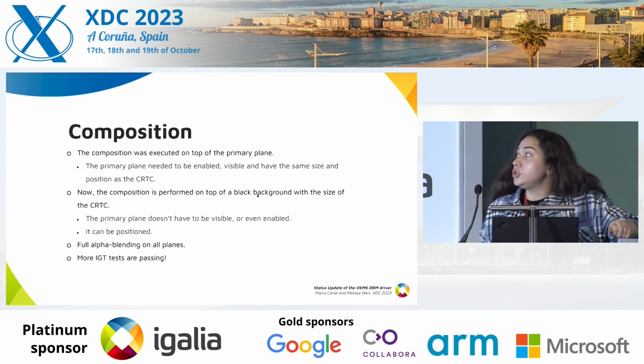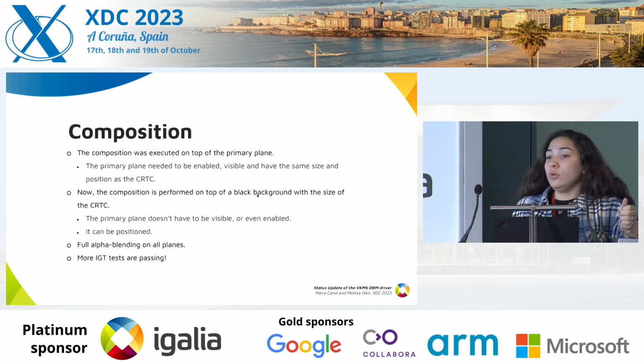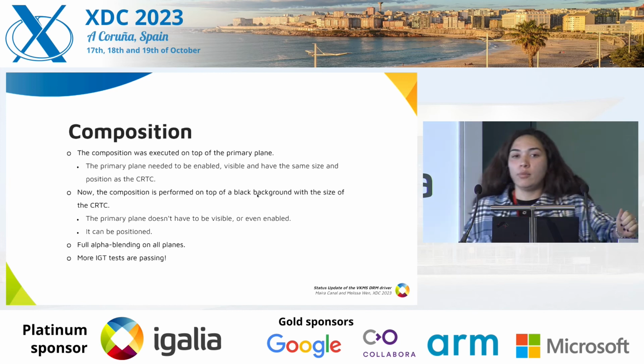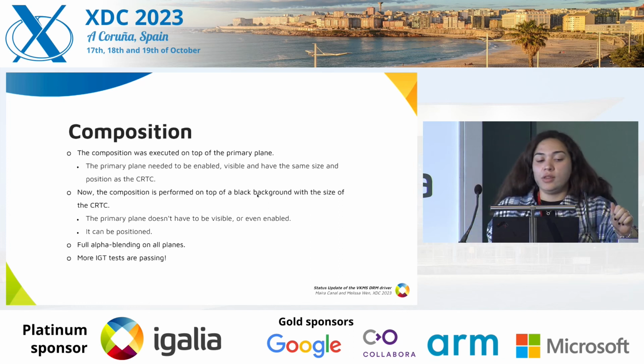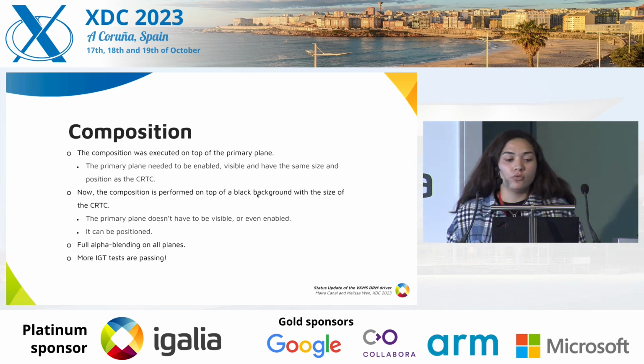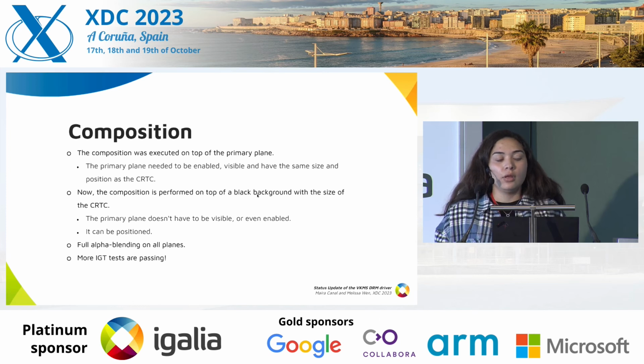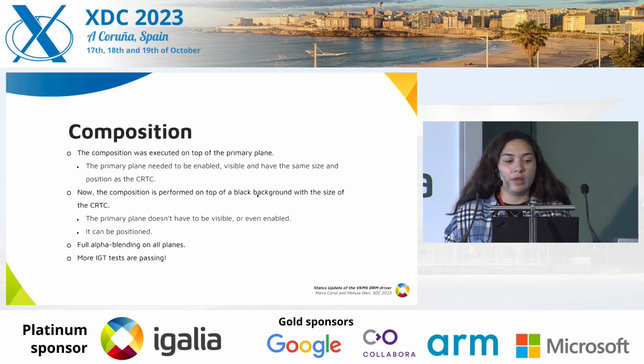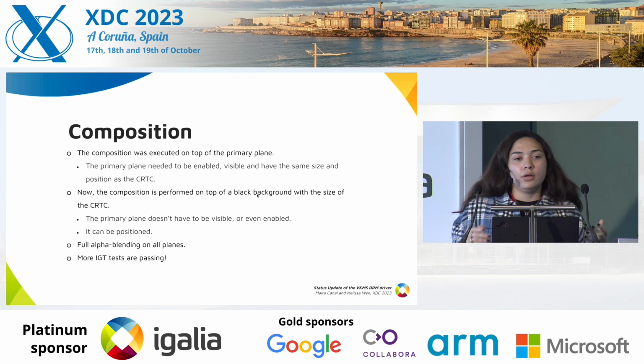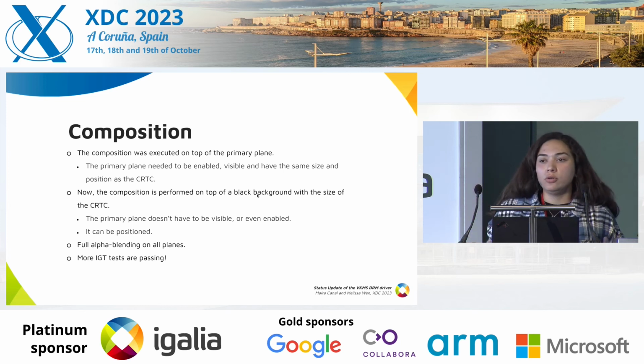And about the composition, it used to be executed on top of the primary plane, which means that the primary plane needed to be enabled, needed to be visible, and needed to be the same size as the CRTC, which doesn't allow us much flexibility. So now the composition is performed on top of a black background with the size of the CRTC, which means that now the primary plane can be positioned anywhere, can be disabled.